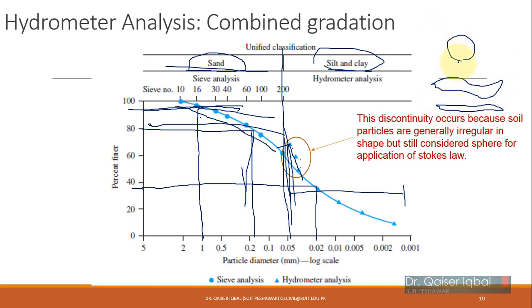But for the sake of application of Stokes law, which is applicable only to spherical particles, we have got this inconsistency. So there are some limitations to Stokes law over here, which can give you results accurate up to some limit, but still it is useful to determine the soil particle sizes.